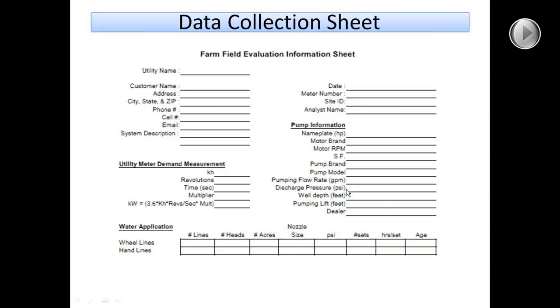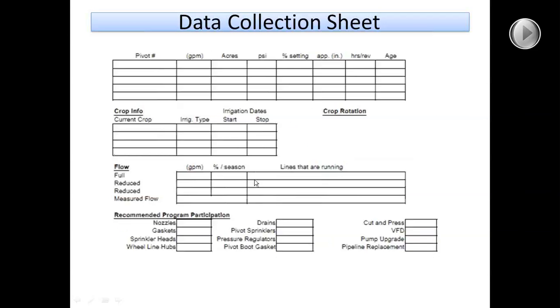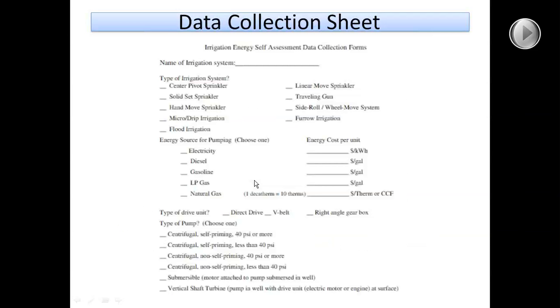What we'll usually do is count how many revolutions, or we'll time 10 revolutions and see how much time it takes for that meter to make 10 revolutions. And then this meter multiplier, it's just a number printed on the meter, and this is basically the equation to calculate power use based on these inputs. And so we can use the utility meter to calculate power use while we're out there.